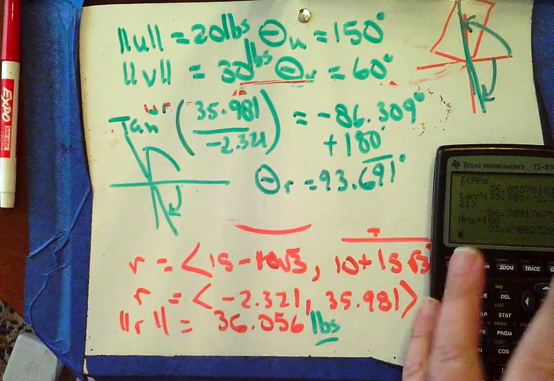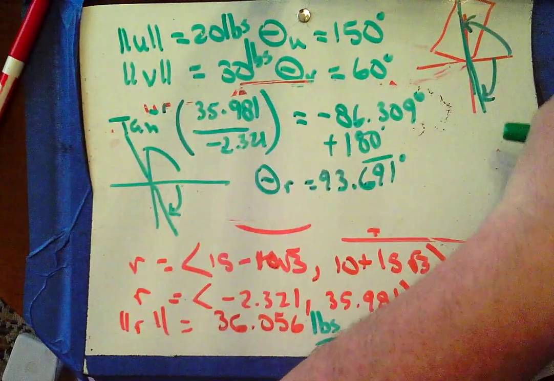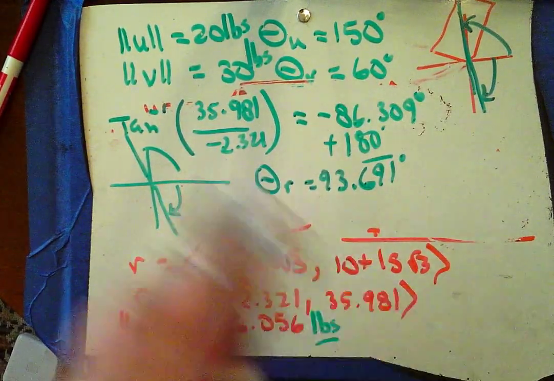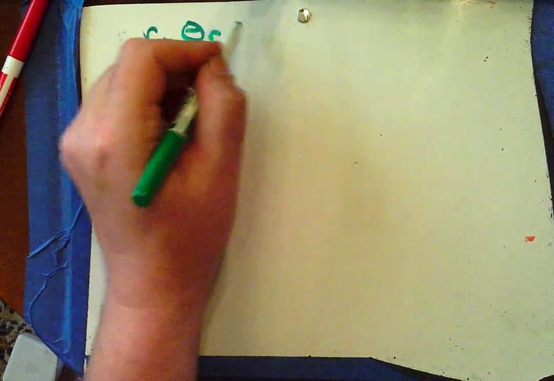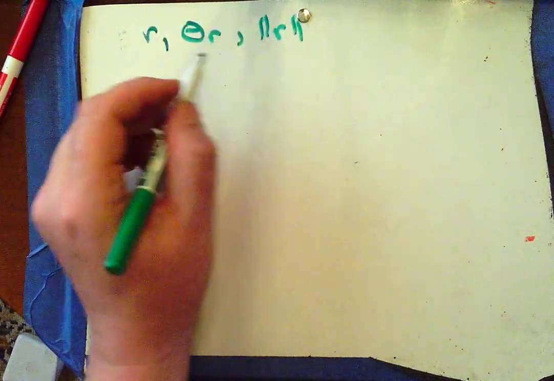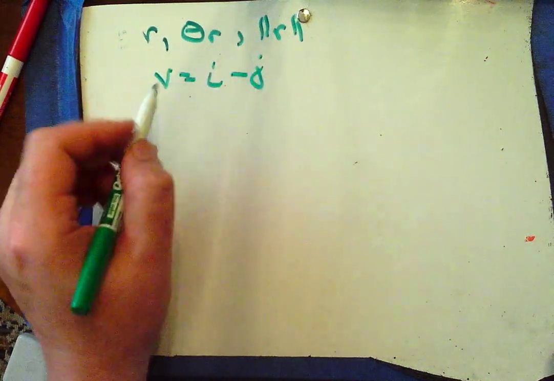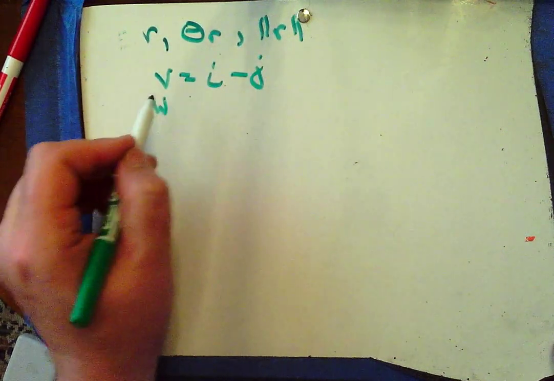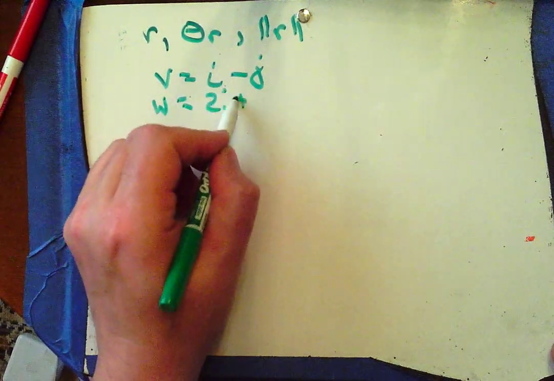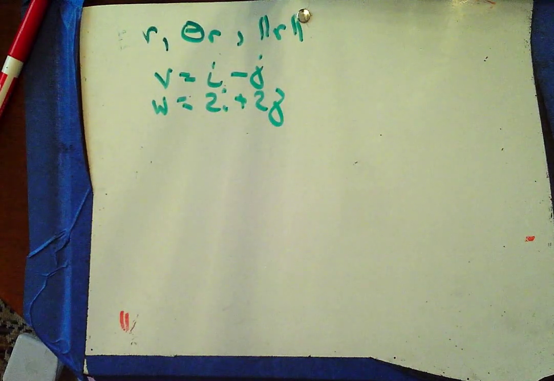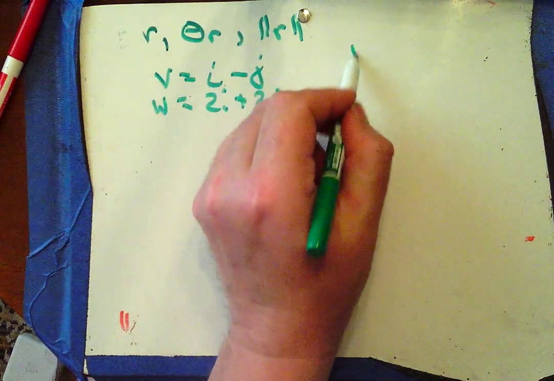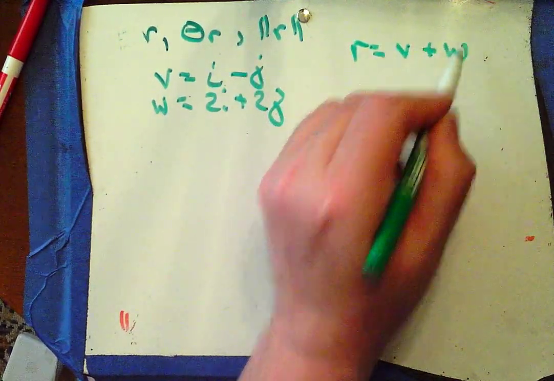So what's next? Believe it or not, I have a little more to cover. What if I want to find the same stuff, r, theta r, magnitude of r, but this time I'm told v equals i minus j, and w equals 2i plus 2j, and I know that r equals v plus w.